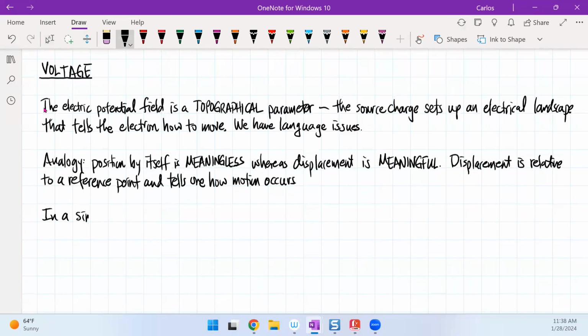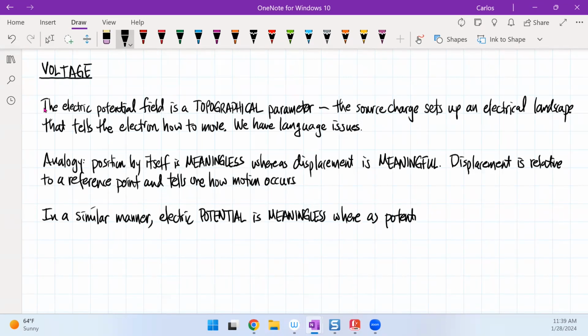In a similar manner, electric potential is meaningless, whereas potential difference, which is defined as voltage, is meaningful.